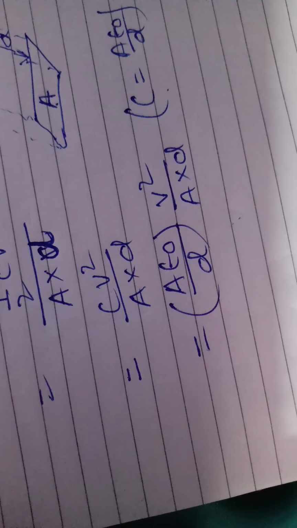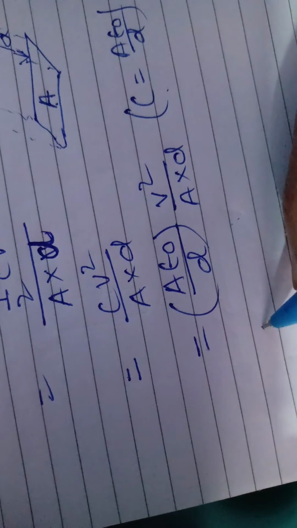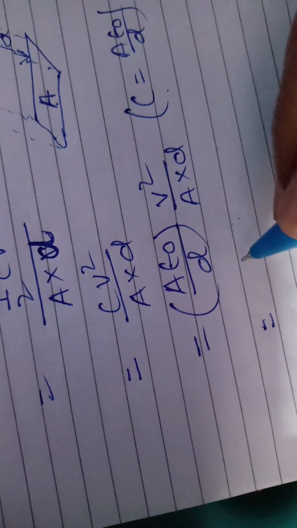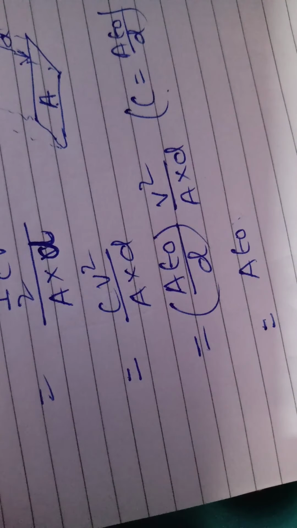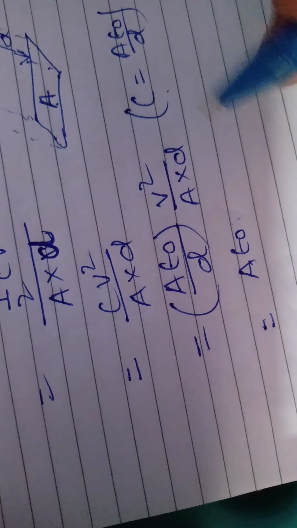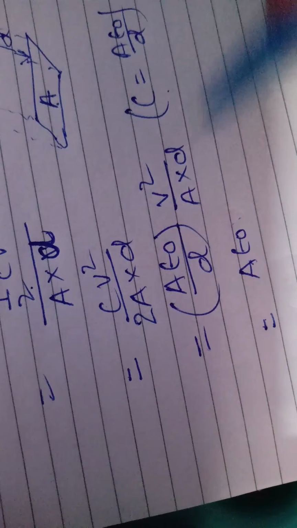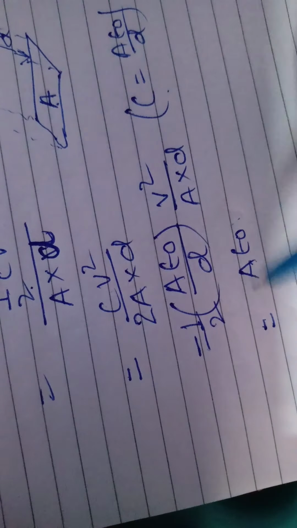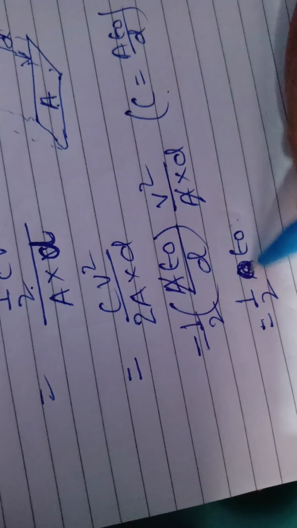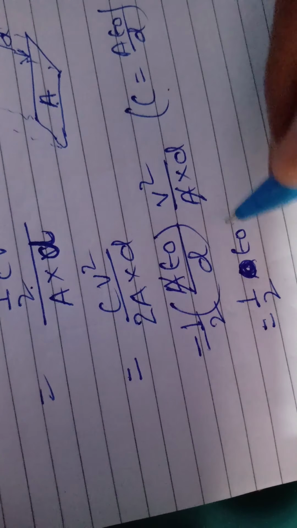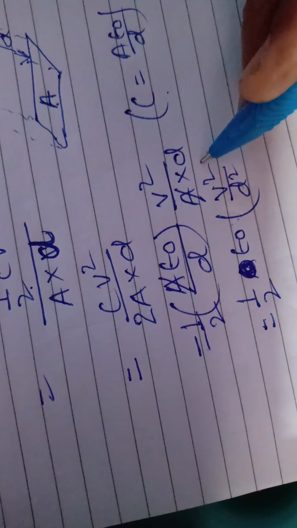If there is no dielectric; if there is a dielectric, we can write it as A K epsilon naught by d. Now this becomes A epsilon naught, here we have 2 also, 1 by 2. So this A can be cancelled. Here we shall not have any A. What is left here? V square by d square.